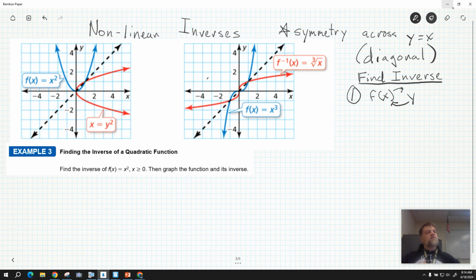I wonder if I should do it this way. I'm going to plug in y for f of x. Now the other way is probably better, but you get the gist of it, right? Step 2, what we do is we solve for x equals some stuff.